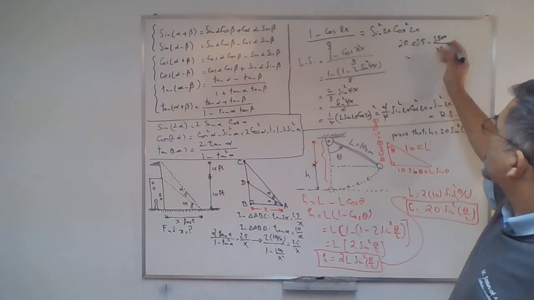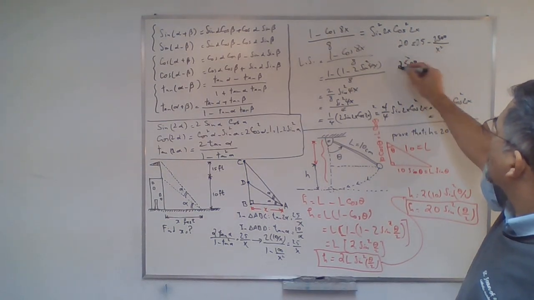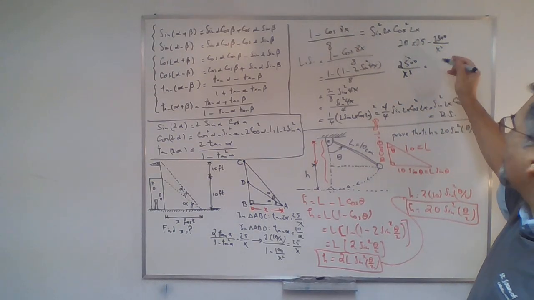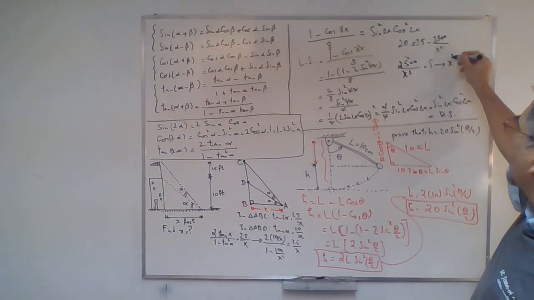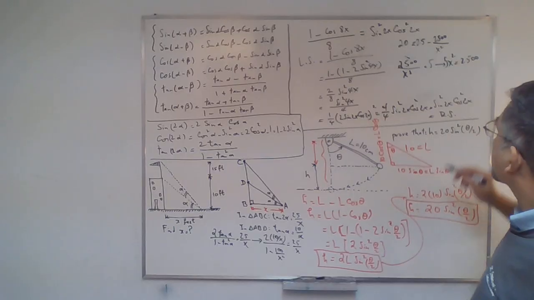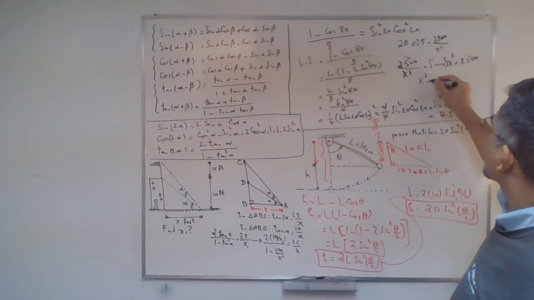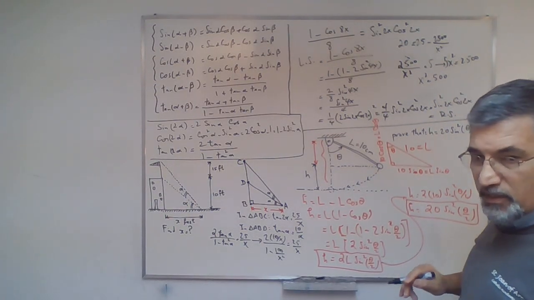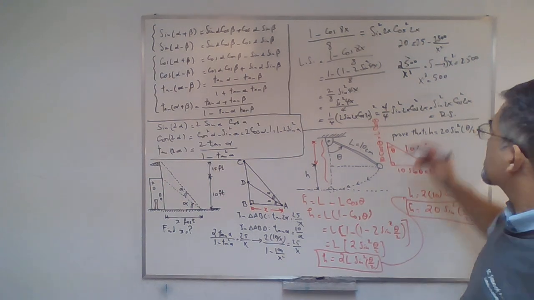And if you rearrange the terms, you get 2500 over x squared equals 25 minus 20, which is 5. So from here, 5x squared is 2500. I'm doing cross multiplication again. And from here, x squared would be actually 500. You take the square root of both sides.